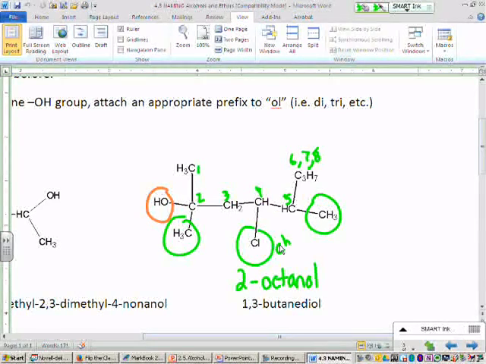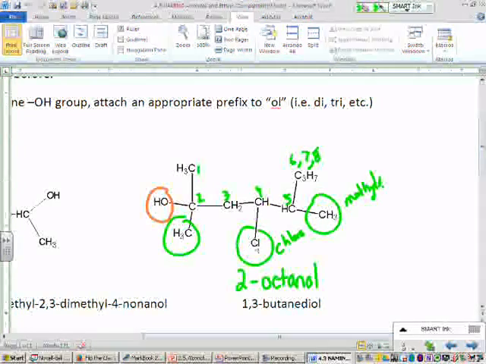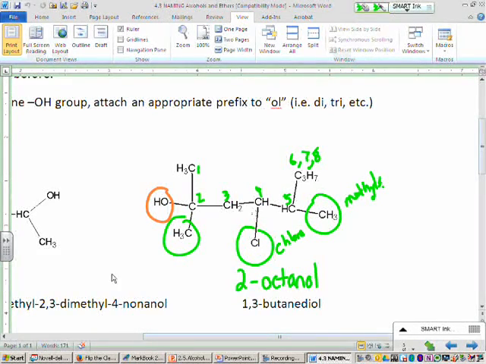And we have here a chloro, and we've got a couple of methyls. All right? And again, alphabetical, chloro is going to go first. It's in the number 4 position. So this is a 4-chloro. And I've got 2 methyls in the 2 and the 5 position, 2,5.